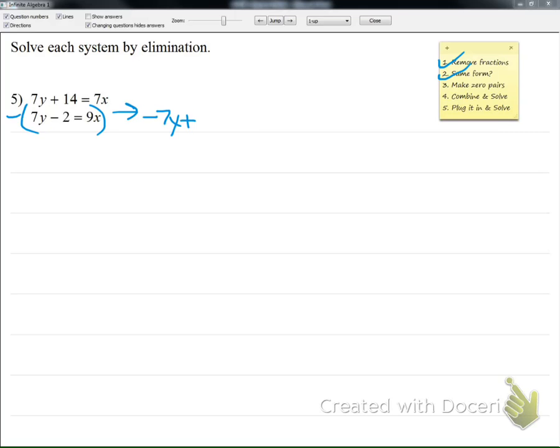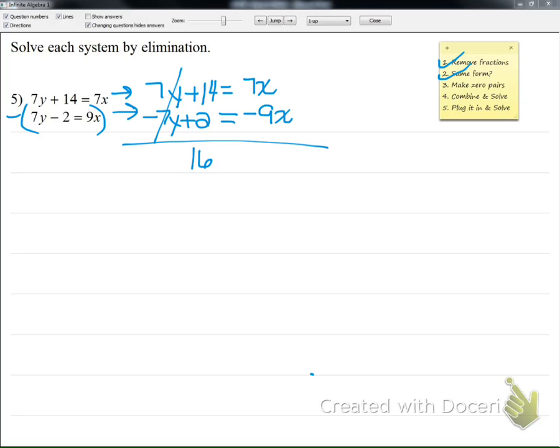So I'm just going to recopy it, but change the sign of every term to its opposite. Then the top equation, I just recopy it because I didn't do anything to it. So I made my zero pair, 7y and negative 7y, which can cancel out now, and I'm ready to combine and solve.